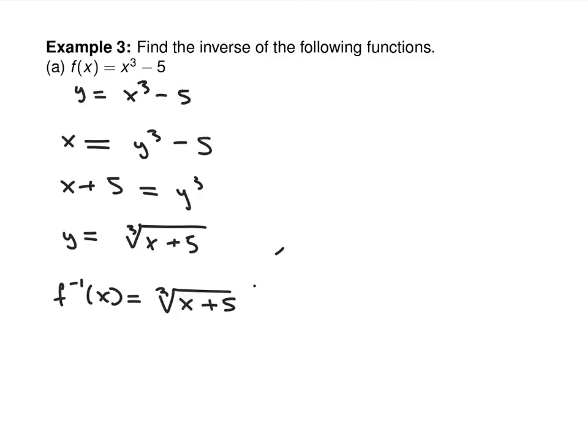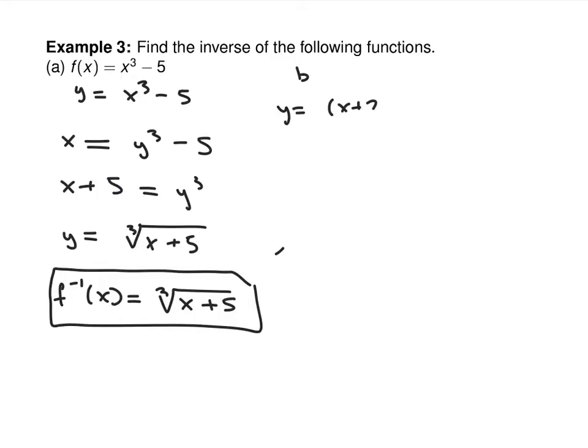You guys are in calculus now, so you should know that. Oh, I changed your equation? I'm so sorry. What did I change it to? x plus 2 cubed minus 5. Okay, so y equals x plus 2 cubed minus 5. Well, the first step is still the same, right? x equals y plus 2 cubed minus 5. First step is still to add 5, right?